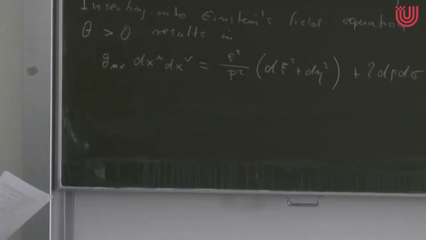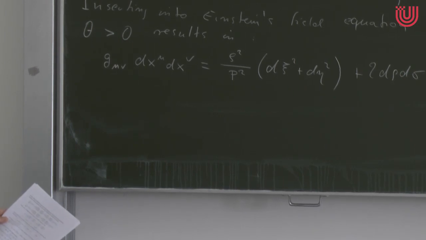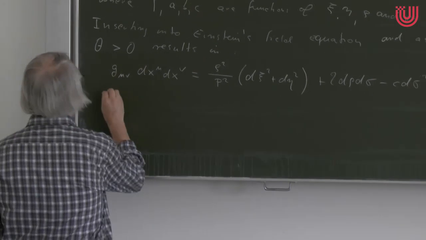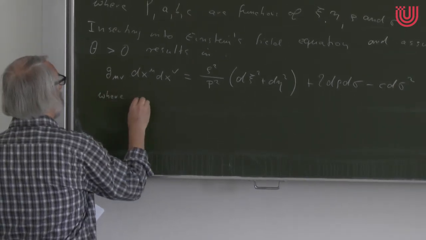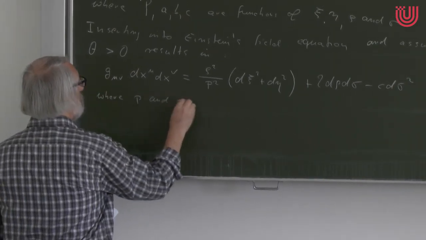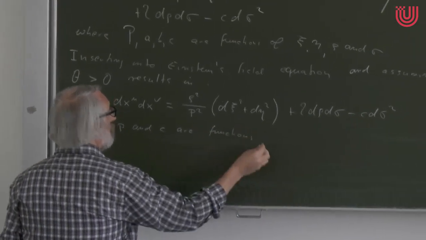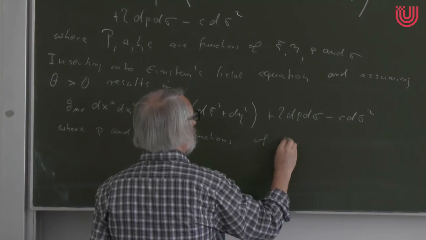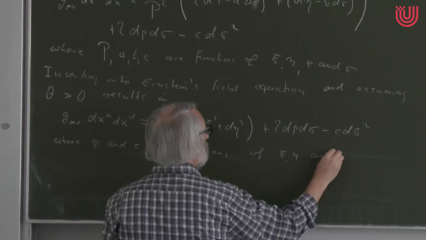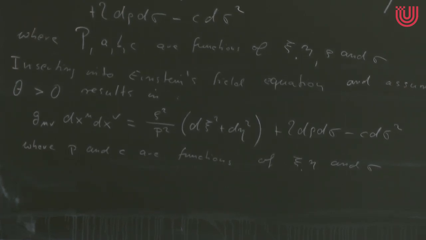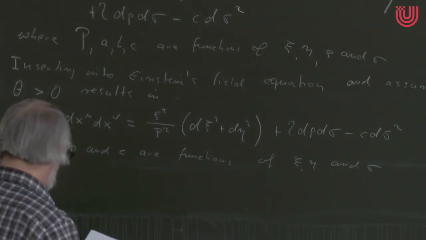And now the metric functions depend only on psi, eta, and sigma, where P and C are functions of psi, eta, and sigma. So they are independent of rho. So if you go from one hypersurface to the next with a flow of rho, then these functions do not.